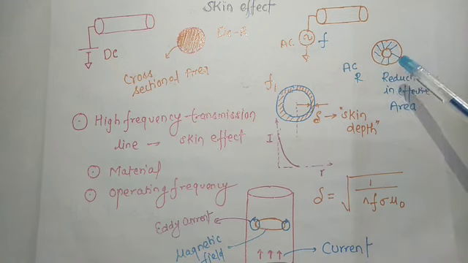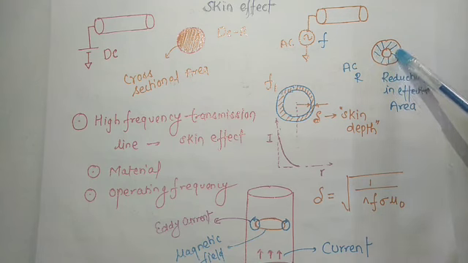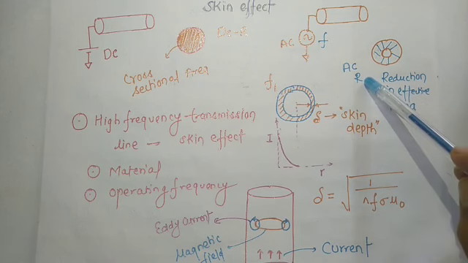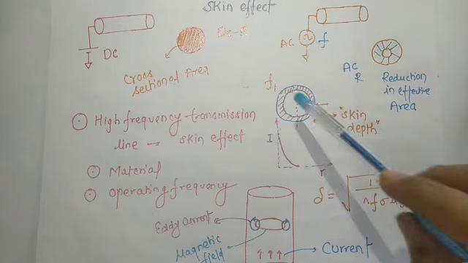So can I say current is flowing in this area? It means there is a reduction of the effective area. If the effective area is reducing, then resistance will increase. Let's take another thing.